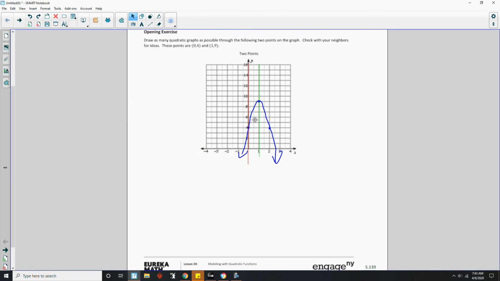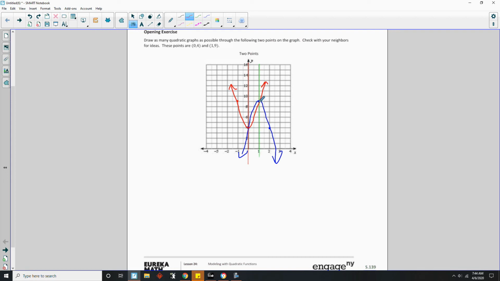Okay, that's pretty good right there. So if this was our axis of symmetry, and this was our vertex, then this point has to be the same distance as this point over here, and then this parabola would come down like so, and then go back up like that. So there's two.